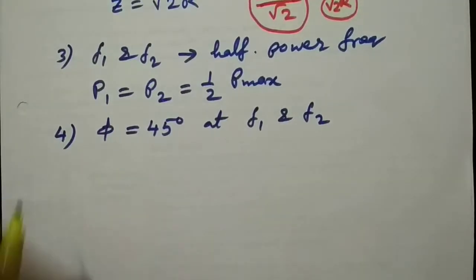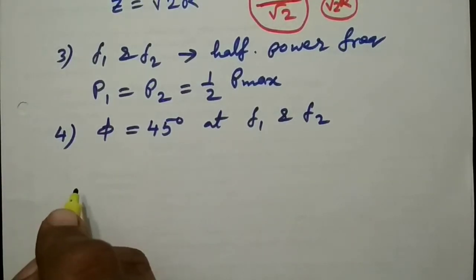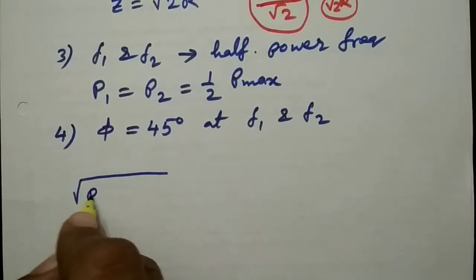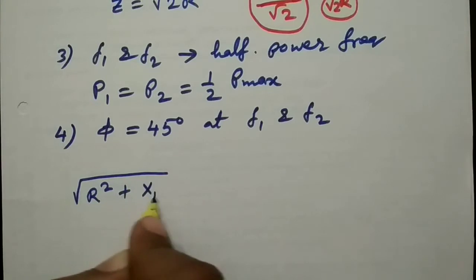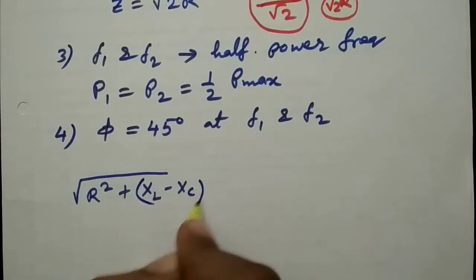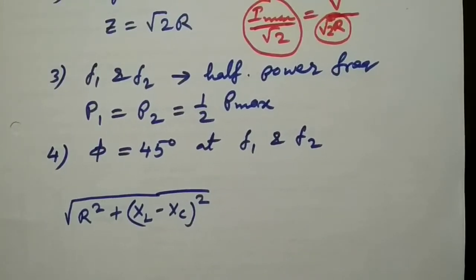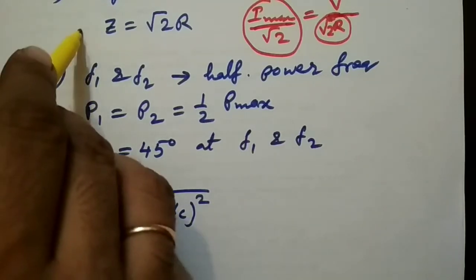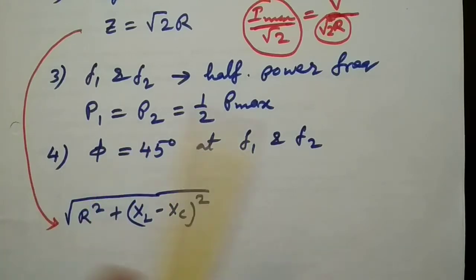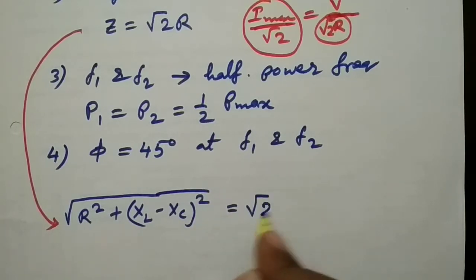But in an RLC series circuit, we already know that the impedance is the square root of R square plus (XL minus XC) whole square. From the condition Z is equal to root 2 into R, we can write square root of R square plus (XL minus XC) whole square is equal to root 2 into R.